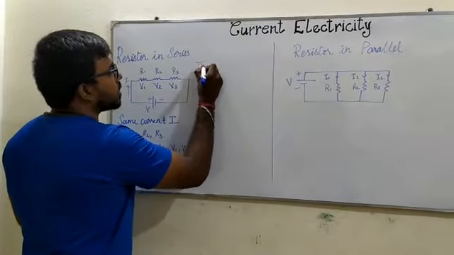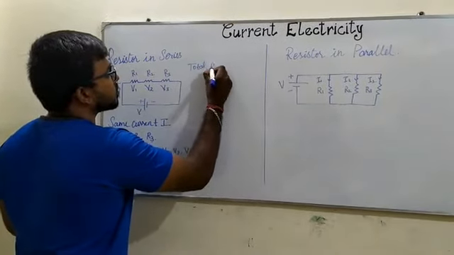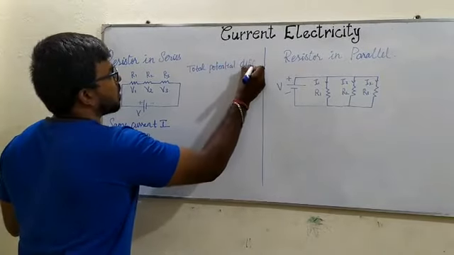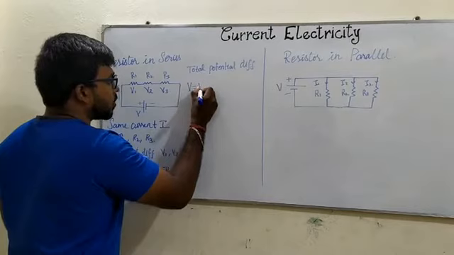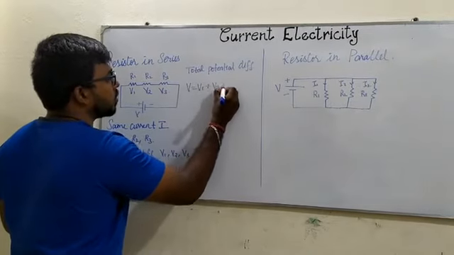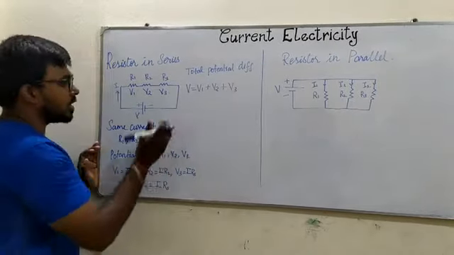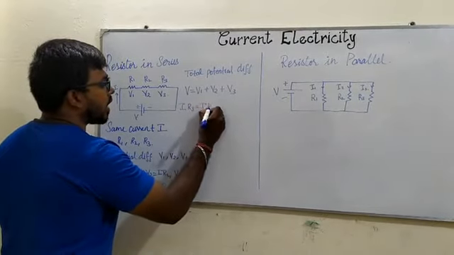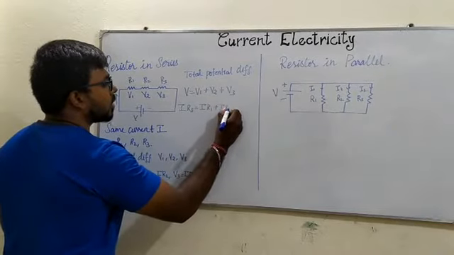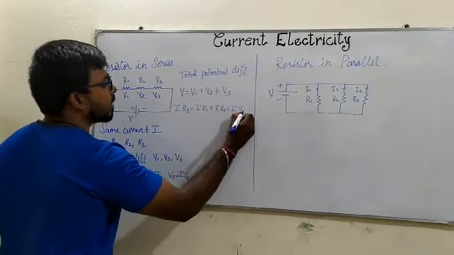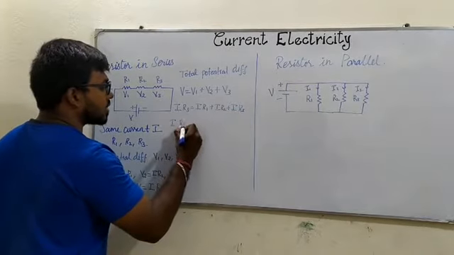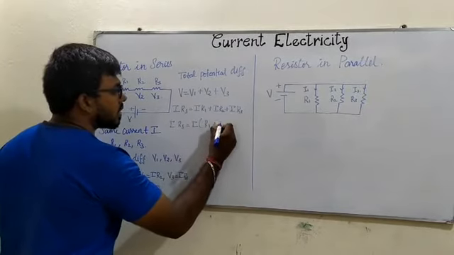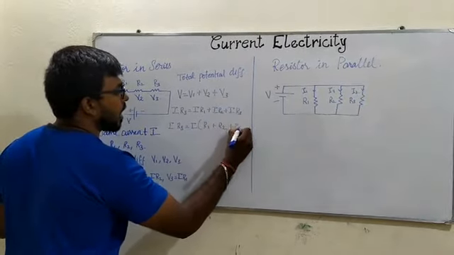So the total potential difference can be written as V equal to V1 plus V2 plus V3. Substituting these values, IRS is equal to IR1 plus IR2 plus IR3. So IRS is equal to, taking the current in common, R1 plus R2 plus R3.